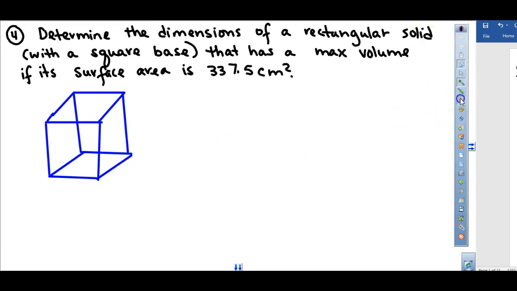And I'm going to dot part of this solid that I cannot see from my perspective. There we go. Okay, so if I have a square base, then that means that the length and the width of the base are going to be the same. I'm going to call this both x, and my height is going to be y.